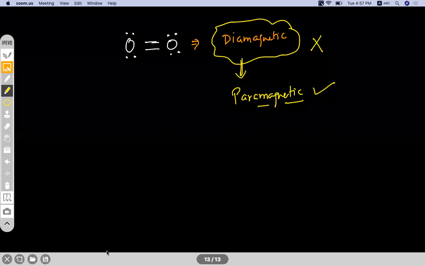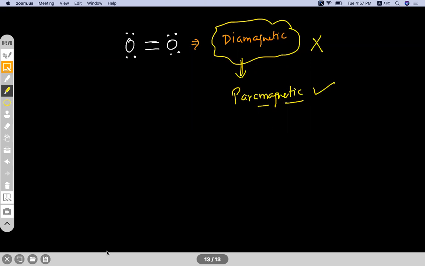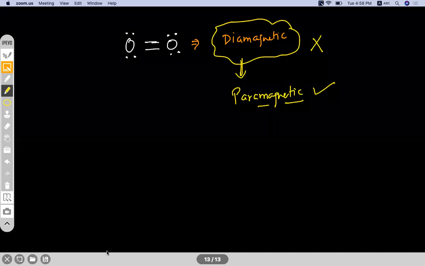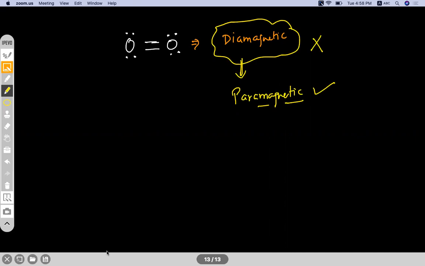Okay. So experimentally, O2 is found to be paramagnetic in nature, but VBT suggests that O2 is diamagnetic.